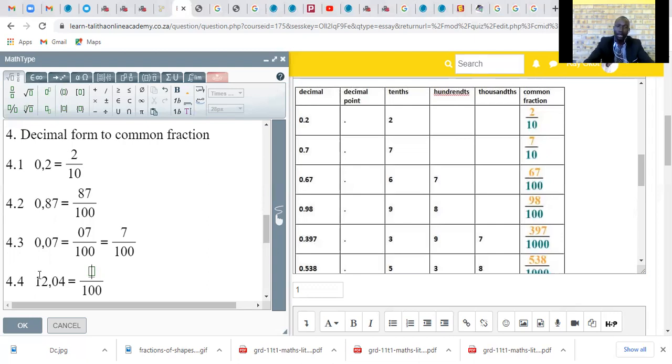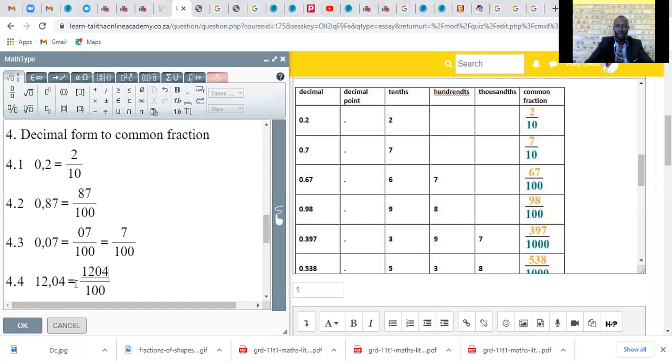And so what should this give us? Now notice that we have 12.04. It is not just 0.04. And so we have to include 12, then also 04. This is how we write 12.04 in a fractional notation.